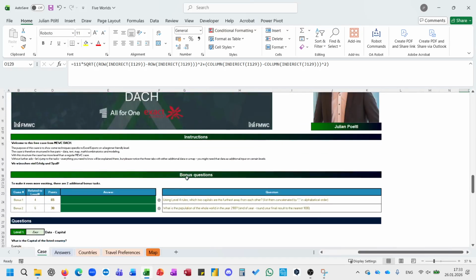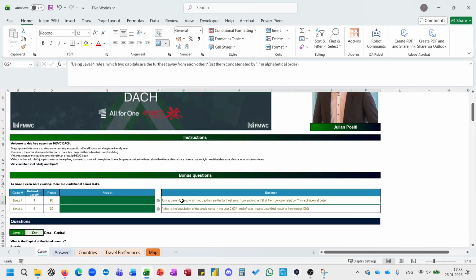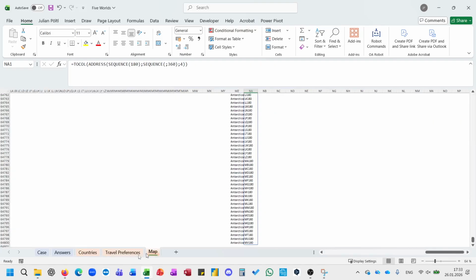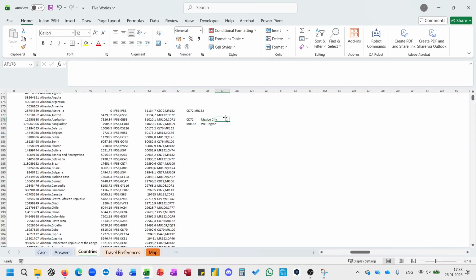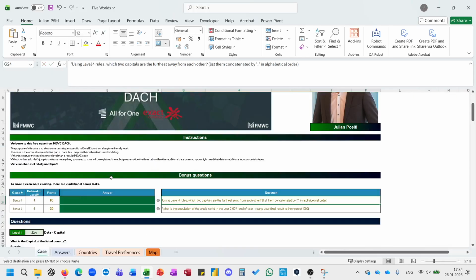Using which two capitals, concatenate them with comma in alphabetical order. They are in alphabetical order, so simply use text join, comma, and copy the value in here.